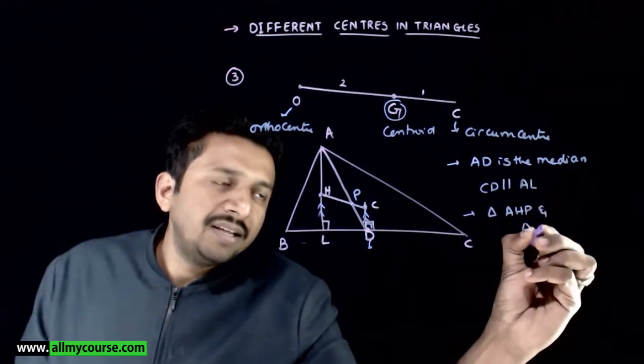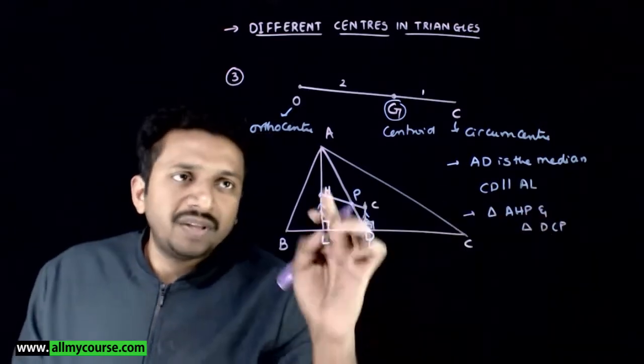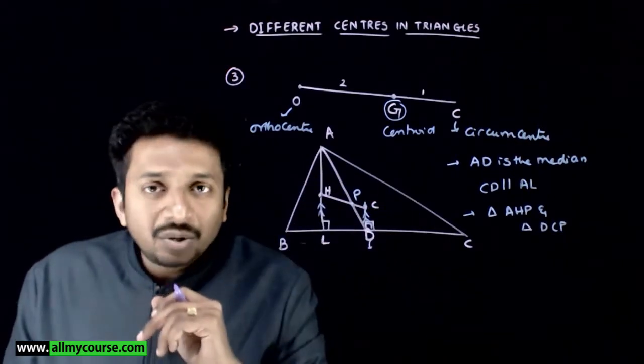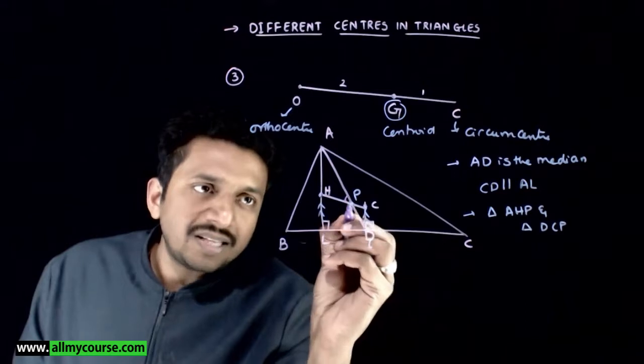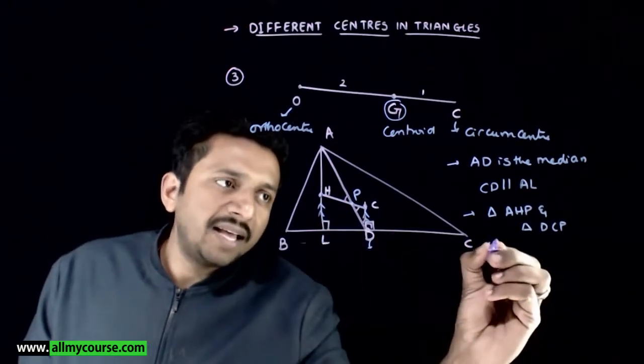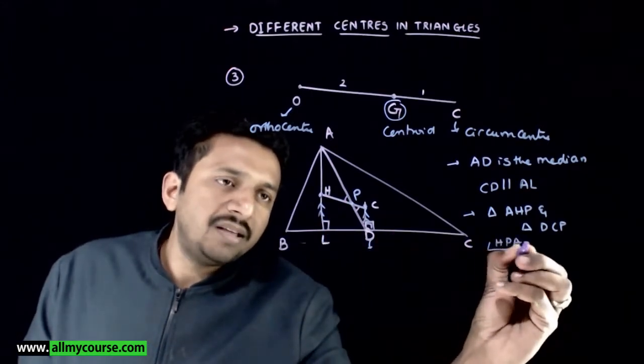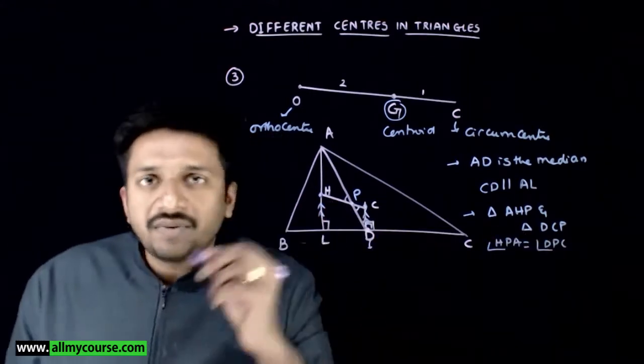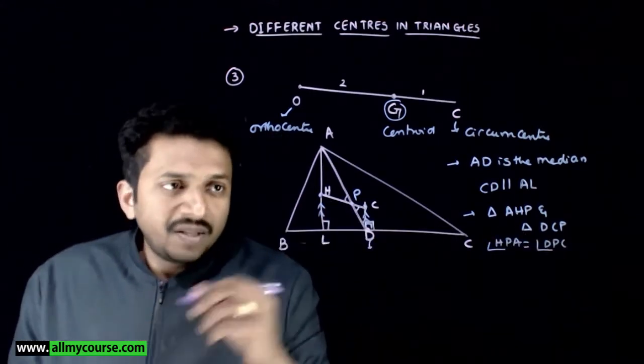Now in triangles AHP and DCP, can you see that this angle is equal to this angle? Angle HPA is equal to angle DPC. These two angles are vertically opposite angles, hence they are equal.